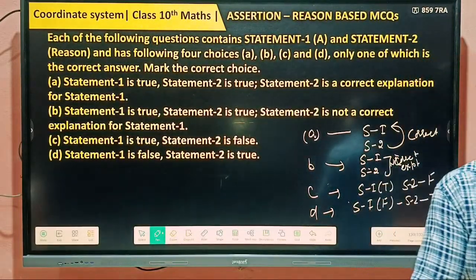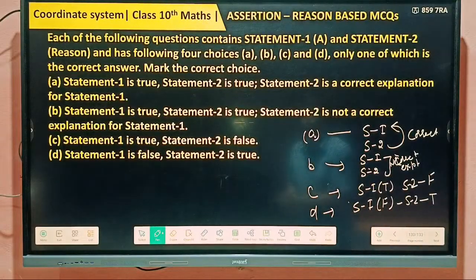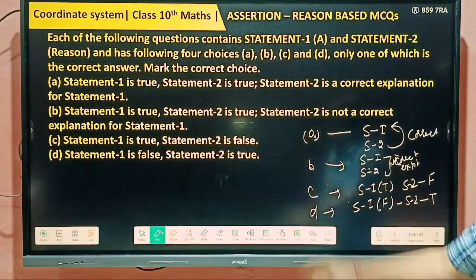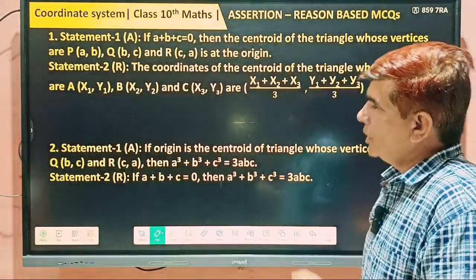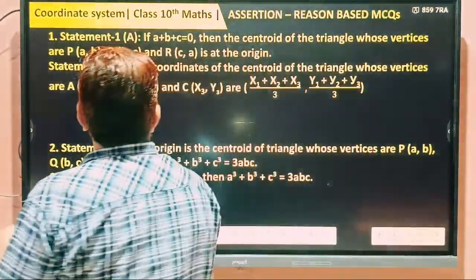So these are the assertion and reason based MCQs. So we will start these. I think you understood these. Start. Statement number 1, try to understand.